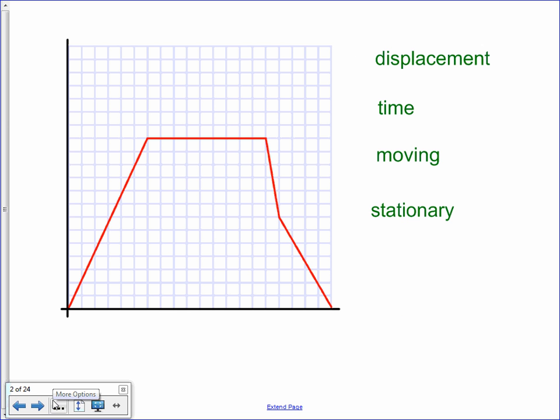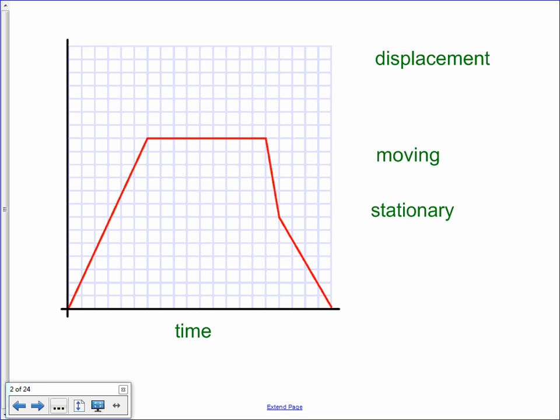All right, so here's a graph. Let's move things around and see what's going on here. These 4 terms need to go somewhere. First, we label our graph. We're almost always going to have time on our horizontal or x-axis. In this case, we could have displacement, acceleration, or velocity.